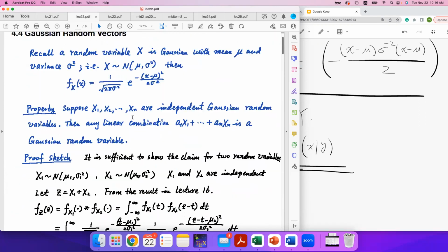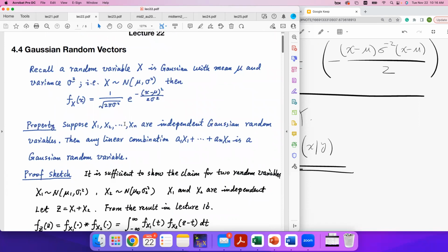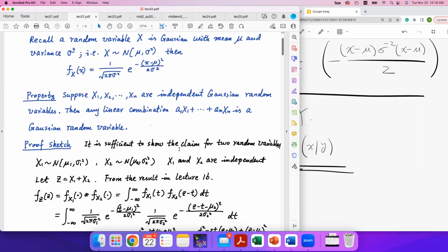And then in lecture 22, all these properties are generalizations of the one-dimensional case. There's nothing new here, except that we're talking about random vectors.